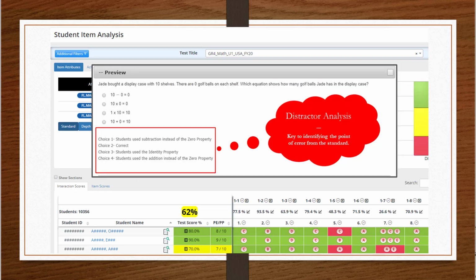When analyzing student responses in the Student Item Analysis Report within the Performance Matters platform, you are able to preview the assessment questions to help provide a clear interpretation of what the question entails, along with seeing each answer choice that the student had to choose from. At the bottom of the answer choice is something called the distractor rationale. This analysis section can assist with identifying the point of error pertaining to the skill and/or concept from the assessed standard.